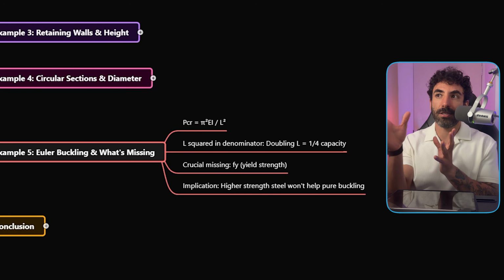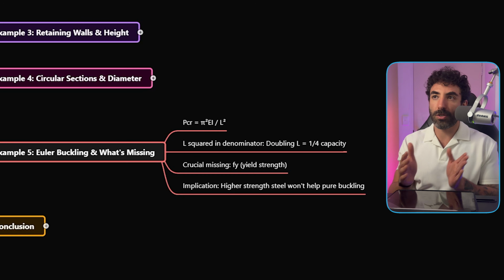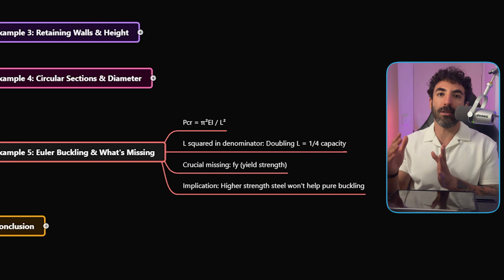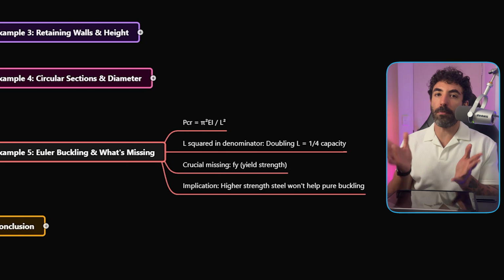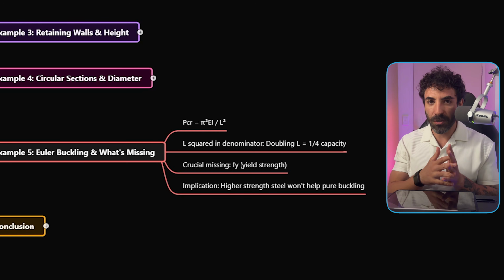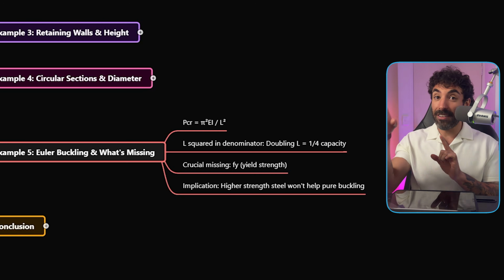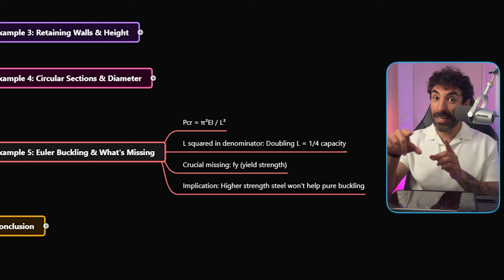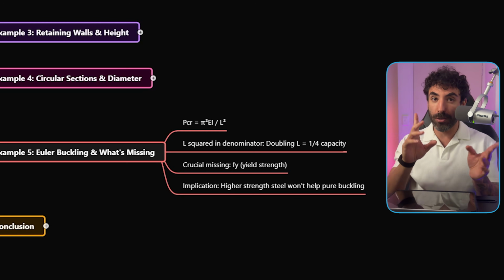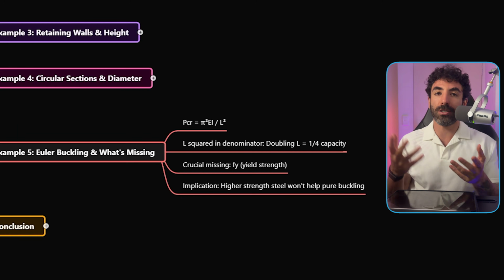So in this case, a lower strength steel will produce the same results as a more expensive higher strength steel. And that is a really powerful lesson, because sometimes formulas teach you just as much by what they leave out of the equation as by what they include. So this is another way structural intuition gets built.